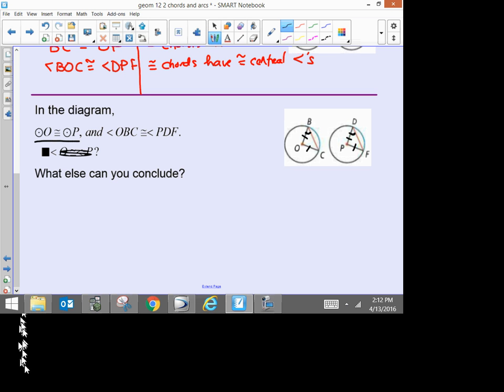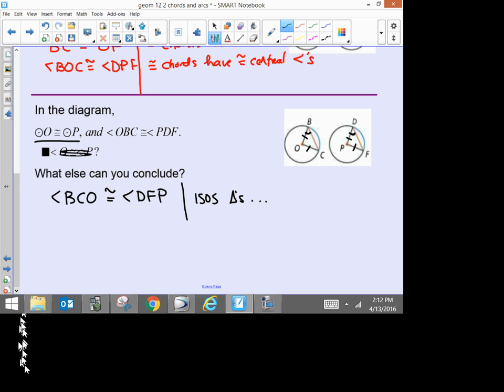The triangles inside of the circle are isosceles triangles, so that means BCO is congruent to DFP. Very good, because isosceles triangles.